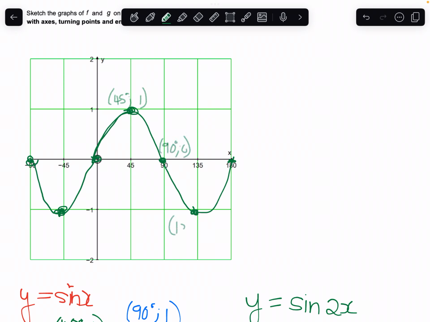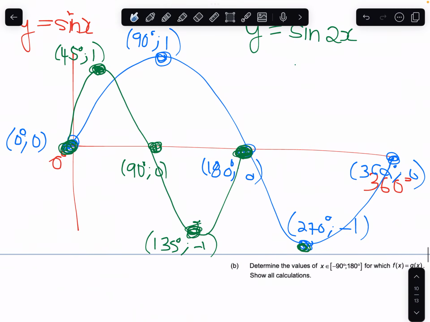So 135, minus 1, and this is 180 and 0, and then this is 0, 0, and then we've got minus 45 and minus 1, and then we have minus 90 and 0. Okay, so that's our first one done and dusted.